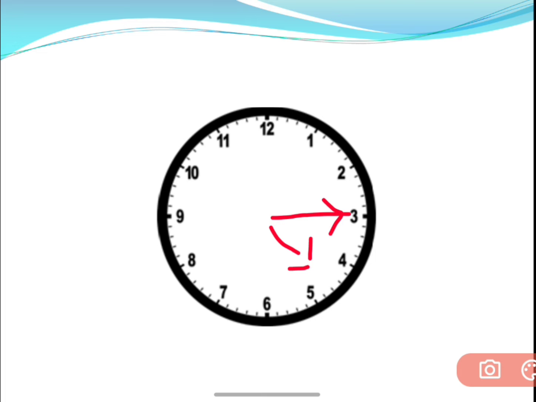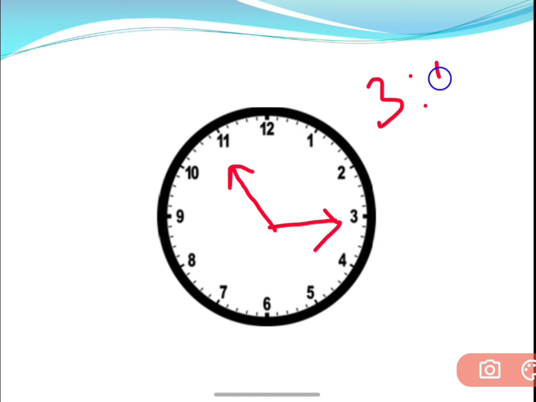Past 5, quarter to 5. 'To' means to become, it has to reach that point. There are so many minutes. For example, if it is 3:45, sorry, 3:55. So here the short hand is pointing to 3 and the long hand is pointing to 11. That means 3:55, no, children?